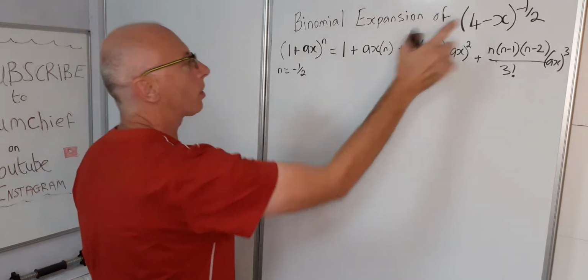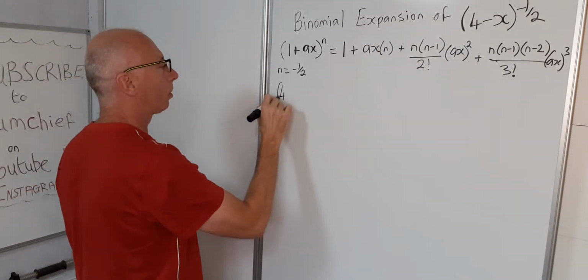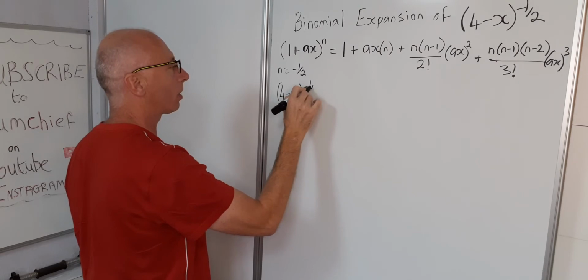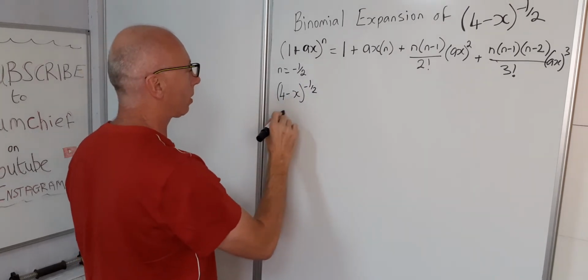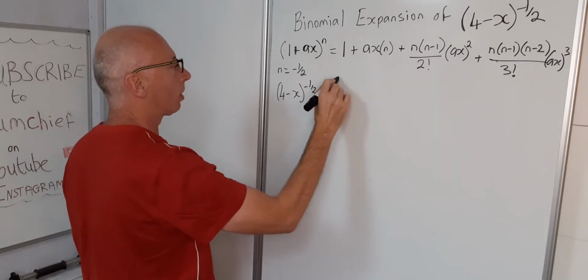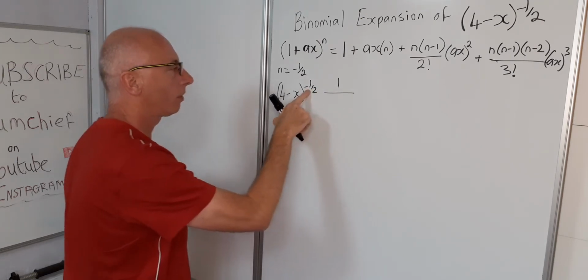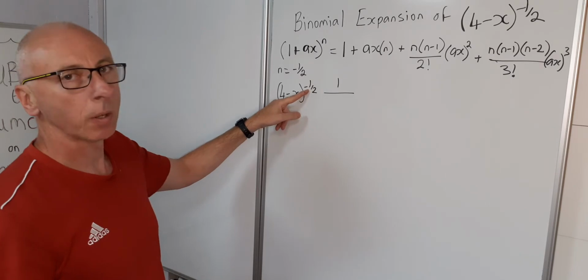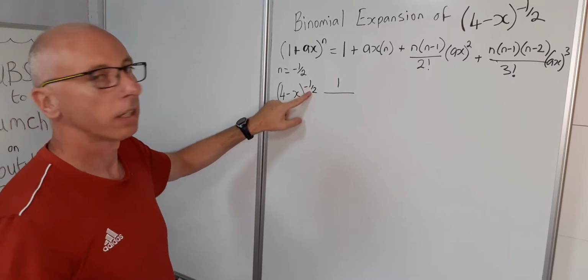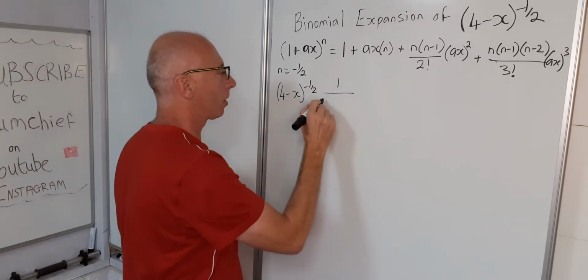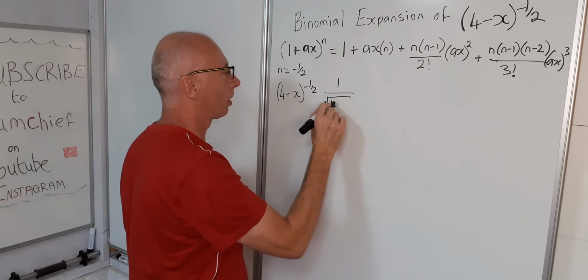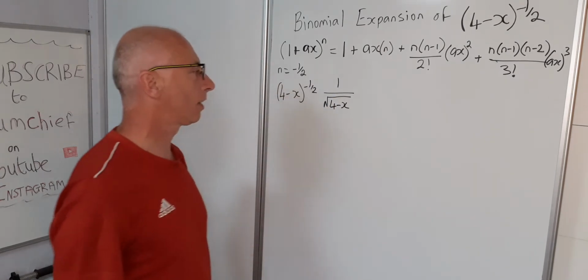So let's just write this 4 minus x to the power of minus 1/2. That is equivalent to 1 over, so minus 1/2. When it's minus, the exponent is in the denominator, and a half is the square root. So this is equivalent to 1 over the square root of 4 minus x.